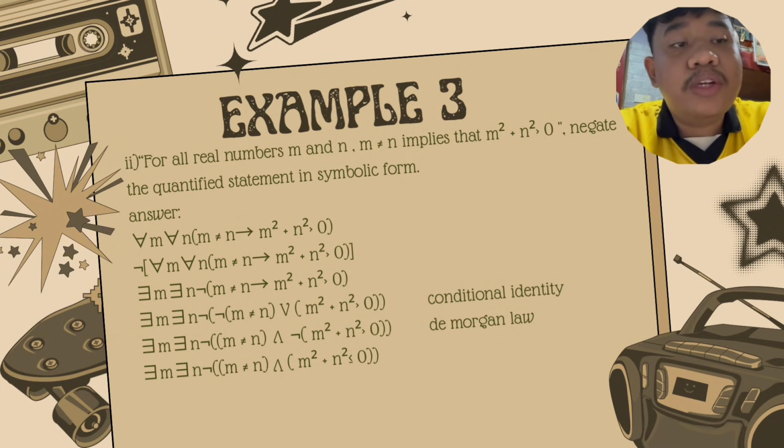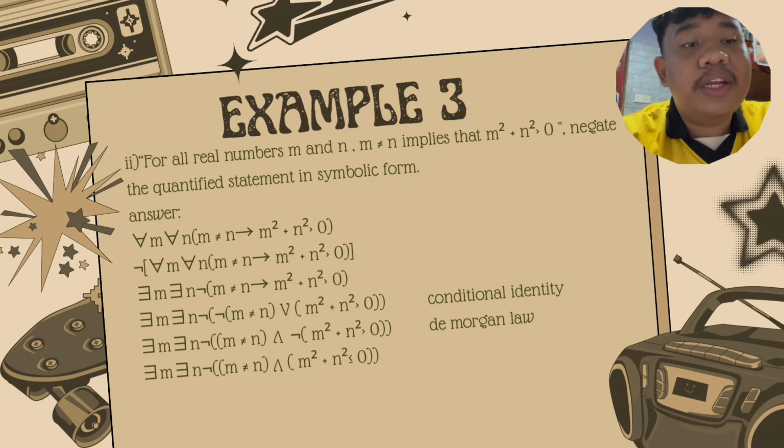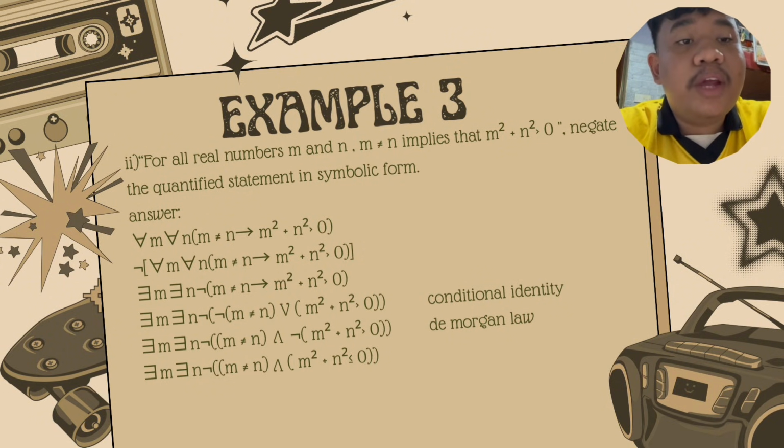And then we use the conditional identity. It will be there exists m, there exists n, negation of (m is not equal to n, or m squared plus n squared greater than 0). And then we use De Morgan's law. It will be negation of m is not equal to n, and negation of m squared plus n squared greater than 0.